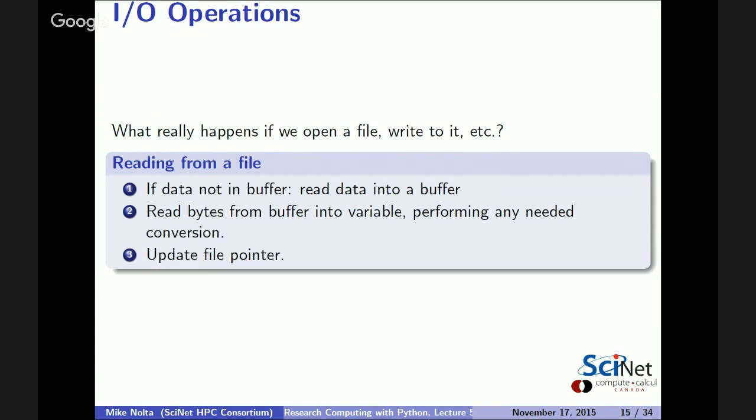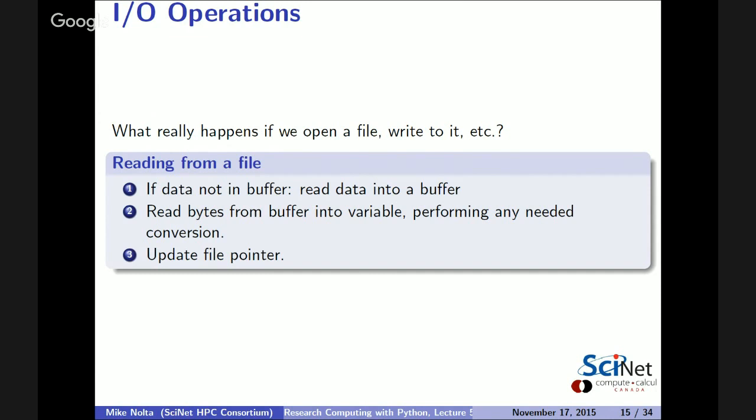And then since I grab data in blocks, and I read, say, sub-blocks of that data, I have to have a pointer saying I've got this much data in the buffer, but I only read this many bytes. So I have to keep track of how many I've read versus how many I've actually read off disk. And that's where the file pointer comes in.